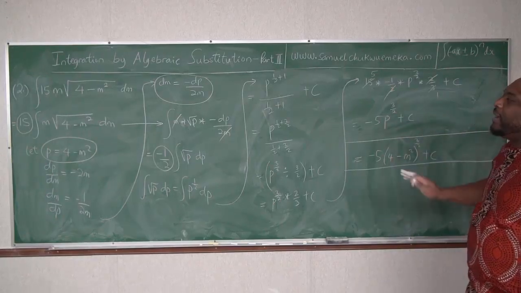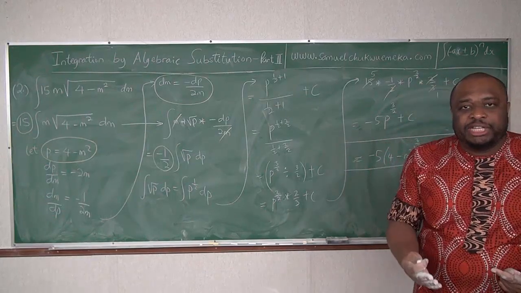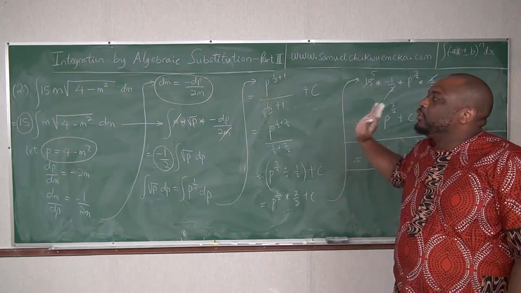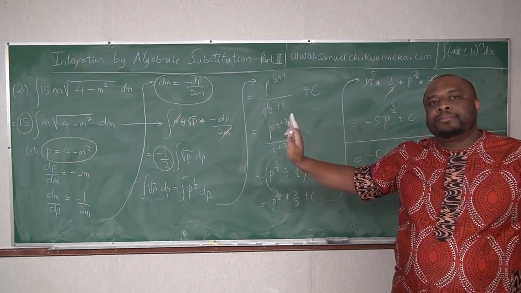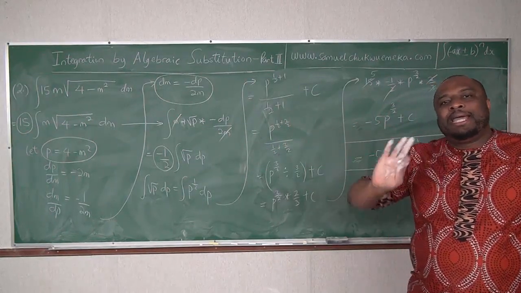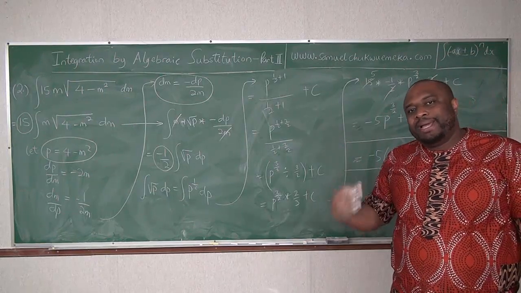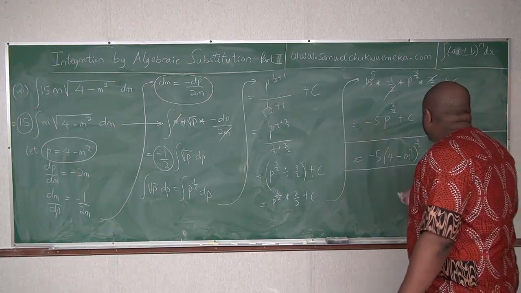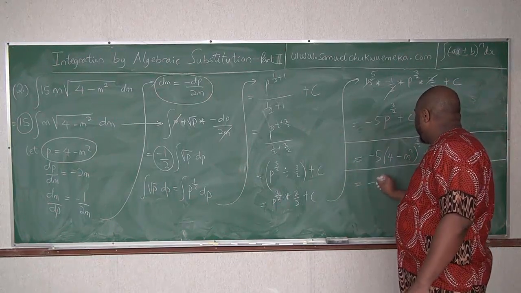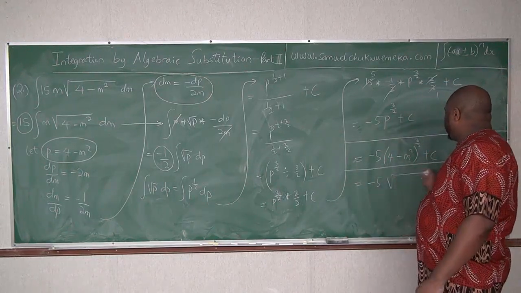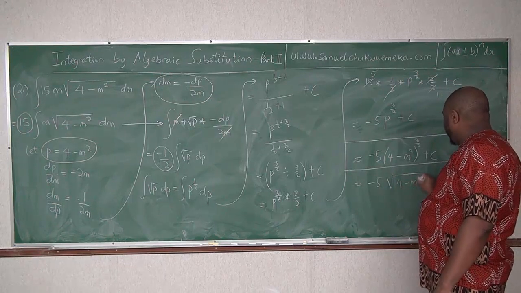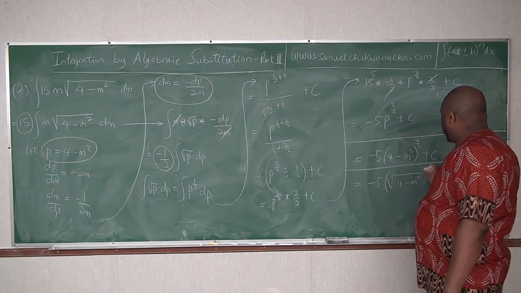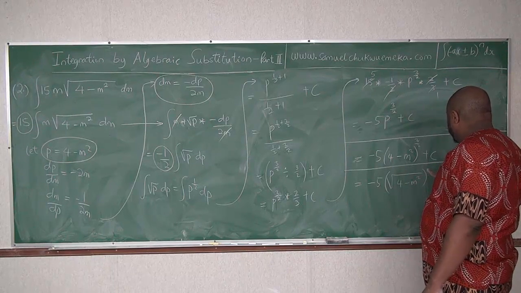However, what Mr. C will teach you is, if they give it to you in radical in the question, give it back to them as radical in the answer. And some people will say, okay, Mr. C, why don't I just write this? Negative 5 square root of 4 minus m squared all cubed plus c.